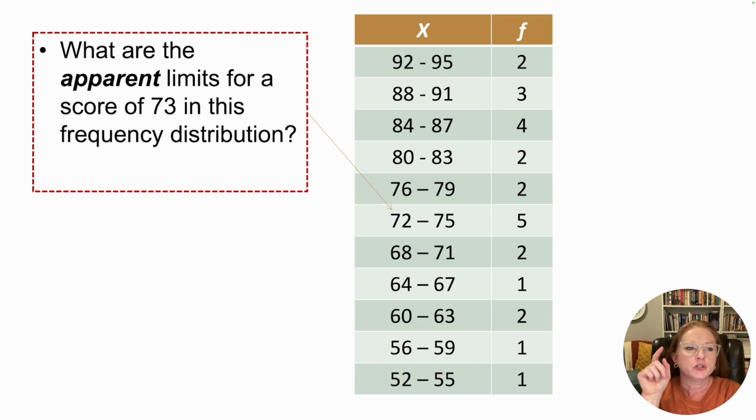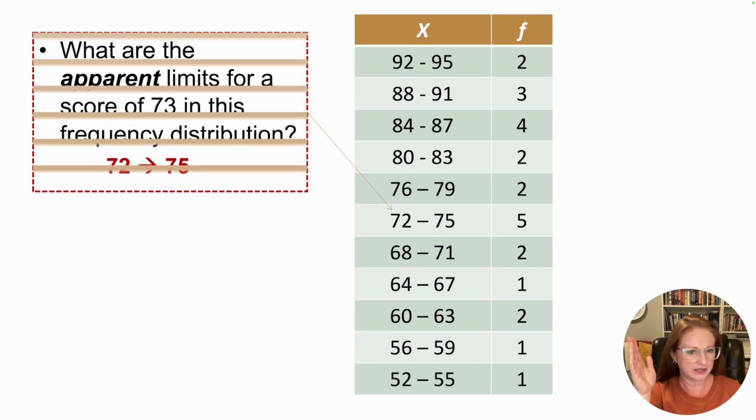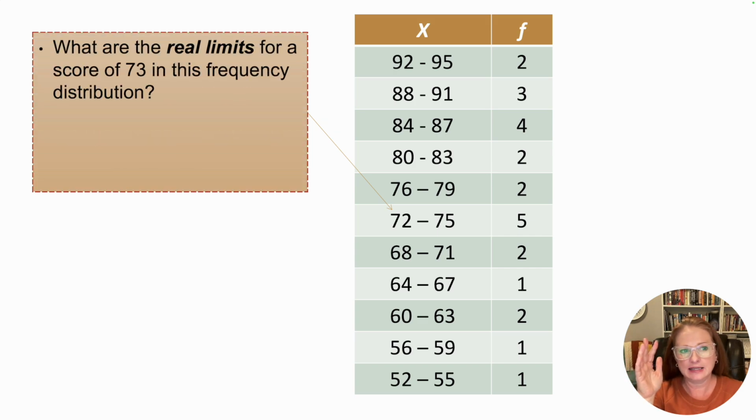Okay. So what are the apparent limits for a score of 73? Well, the apparent limits are anything you consider 72 all the way up to 75. And when we get down into it, the real limits are anything from 71.5 up to 74.9999. So anything that crosses that bar, the lower real limit up to the upper real limit.